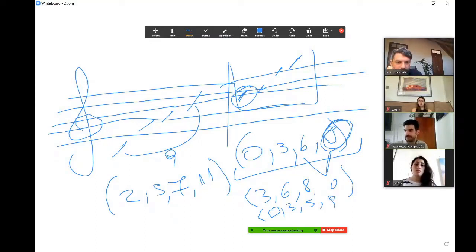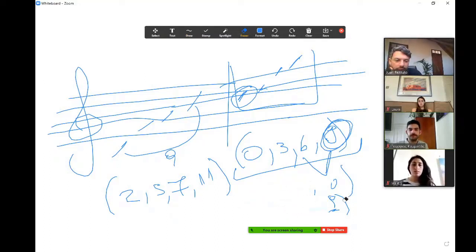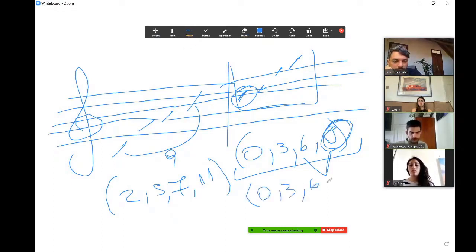We have the same issue here. And then the shortcut to do this is to just do the inversion. So 12 minus 8 is 4, right? So then we just have 0, 0, 3, 6, 4.